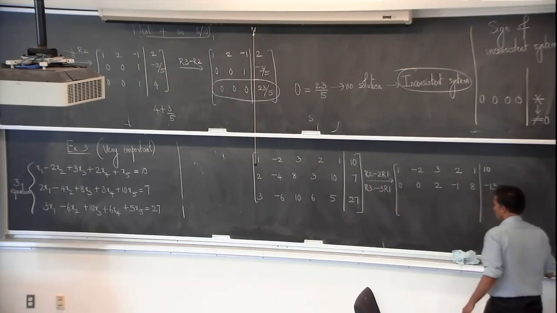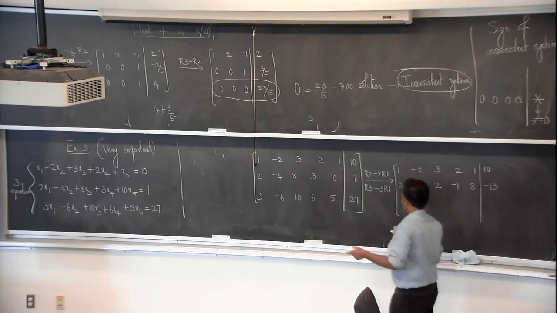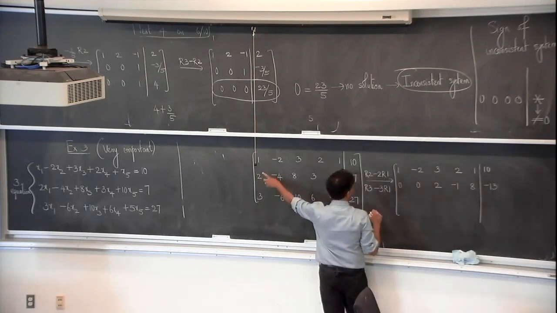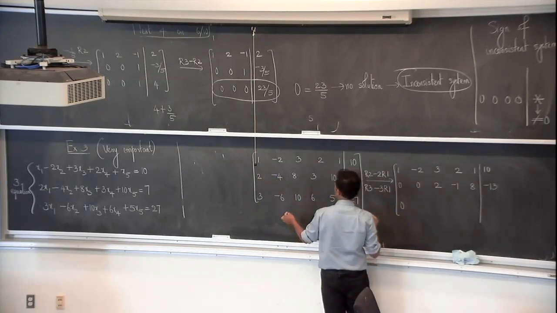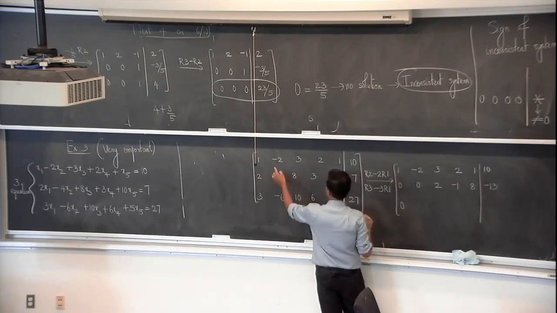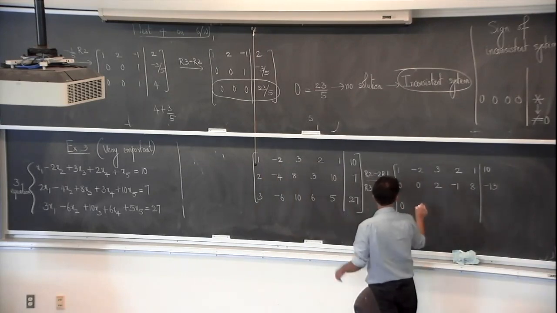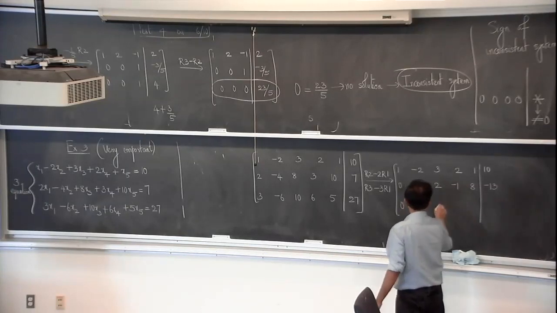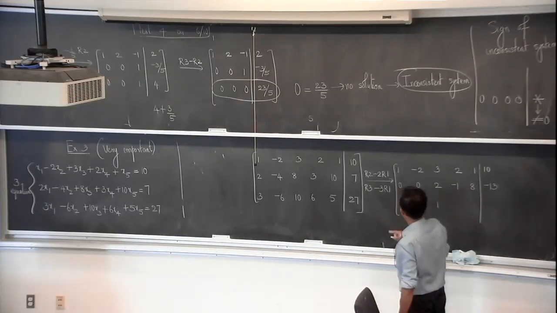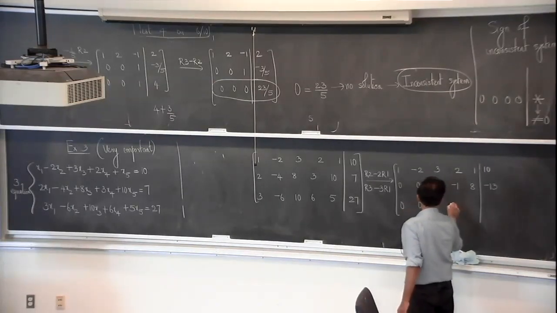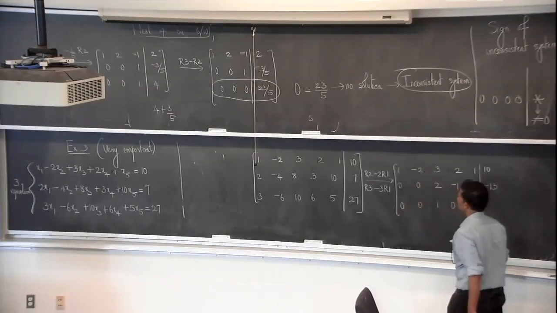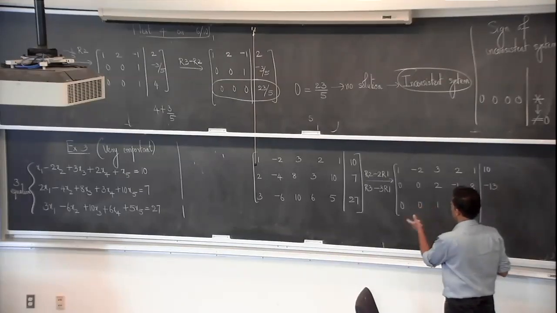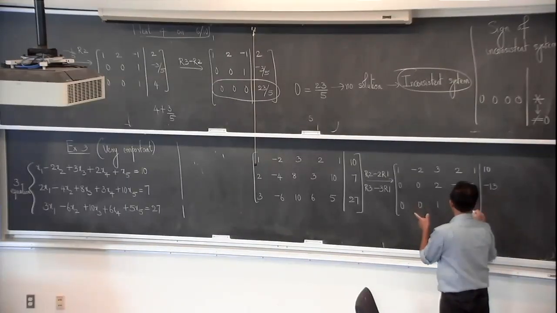And please correct me if I am making any mistakes. 3 minus 3 is 0. -6 minus 2 times -6, 2 times -3, that will be 0. 10 minus 9 is 1. 6 minus 6 is 0. And 5 minus 3 is 2.